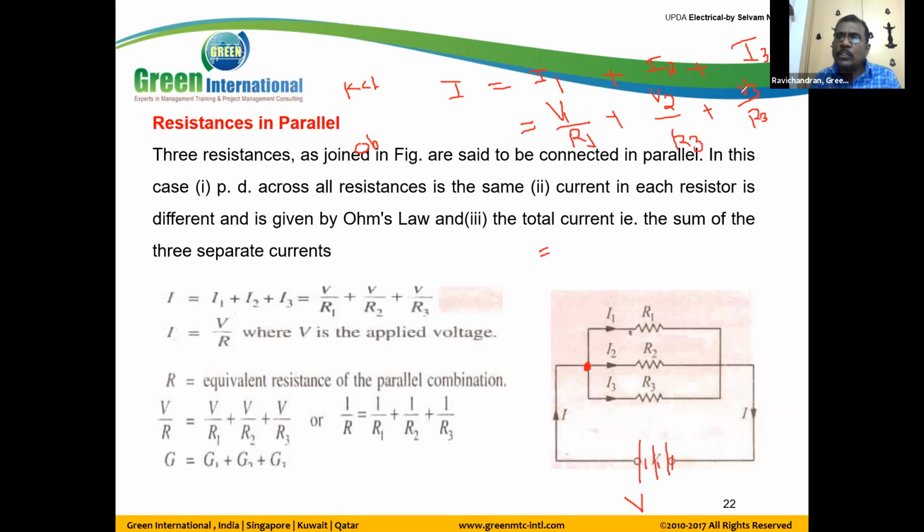So instead of V1, V2, V3, we put V by R1 plus V by R2 plus V by R3. This is the total current. So the total voltage divided by the total resistance gives this, and that's why we have the formula 1 by R is equal to 1 by R1 plus 1 by R2 plus 1 by R3. We can say 1 by R is equal to G, so G is equal to G1 plus G2 plus G3, like this.